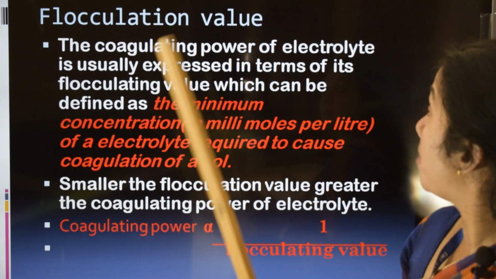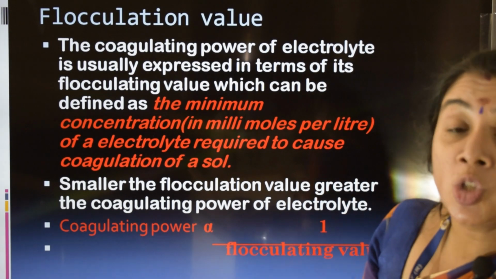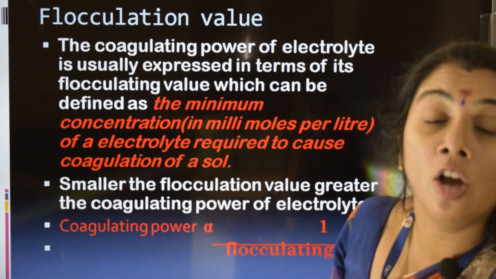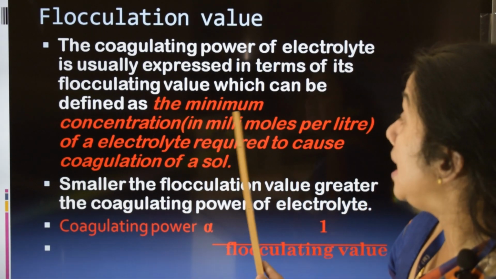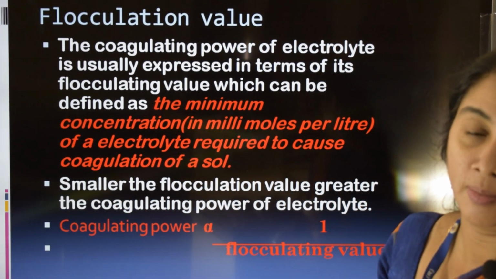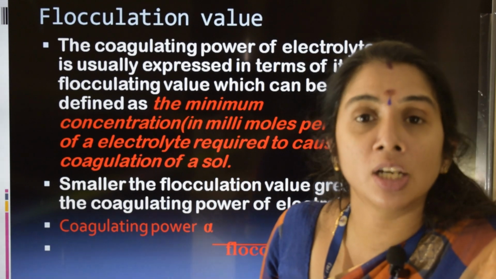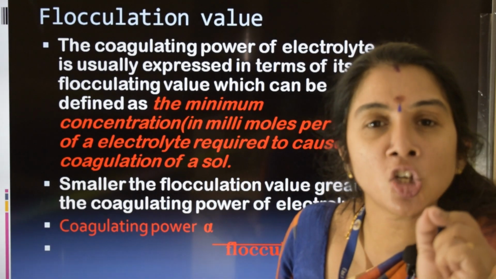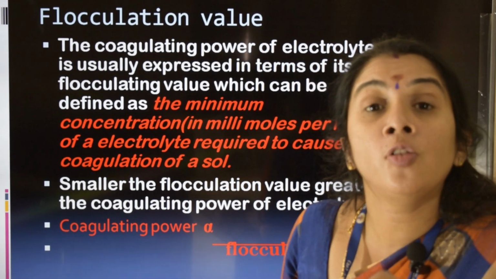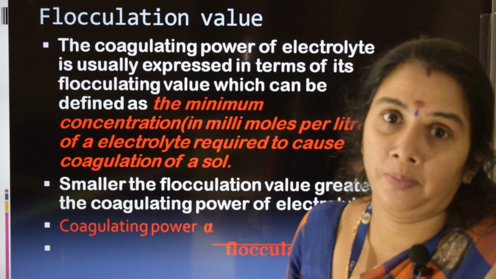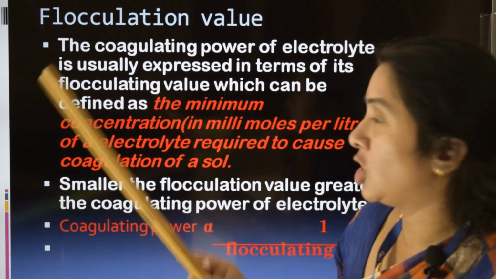The coagulating power of an electrolyte is usually expressed in terms of flocculation value, which is defined as the minimum concentration in millimoles per liter of electrolyte added to the colloid for the coagulation to happen. That is known as flocculation value.